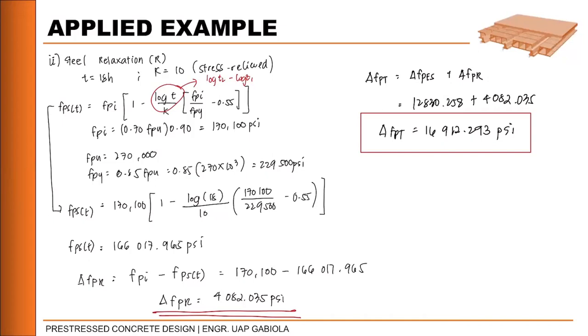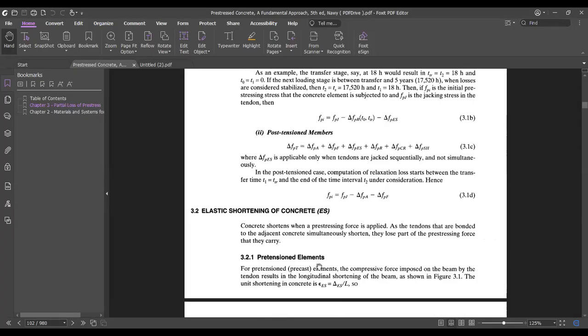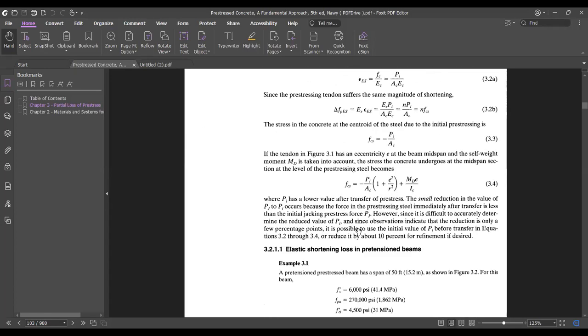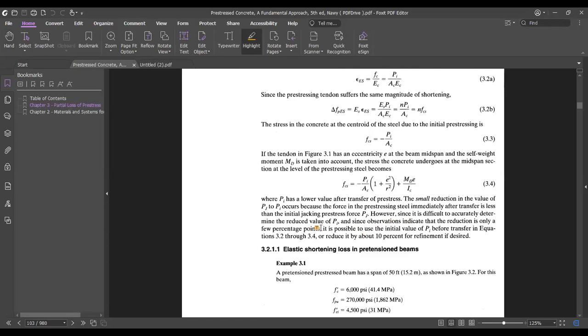Let me open Nawy's book. If you read it, along with elastic shortening, it says it is possible to use the initial value of prestressing before transfer, equations 3.2 and 3.4, or reduce it by 10% for refinement if desired. So this is what we based it on.